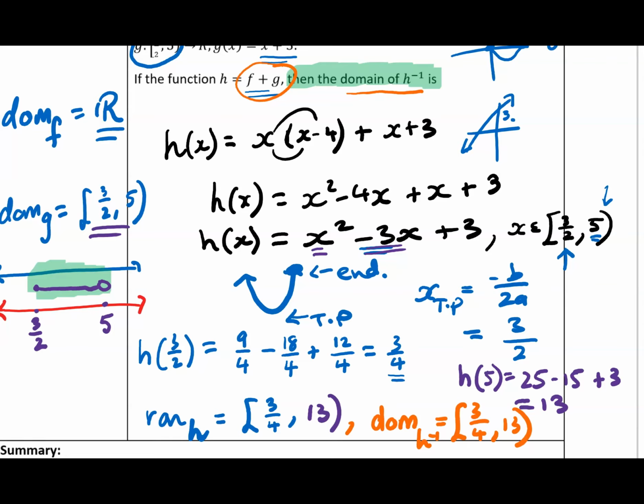Two, some people will do this by finding the inverse and trying to imply its domain. Now, finding the inverse of something like this can actually be tricky. You'd have to complete the square, which a lot of people will have some trouble doing, but also it's a lot of unnecessary work. Ultimately, what you may end up with is a domain where you can see the minimum value is 3/4, but you may not know that the maximum value occurs where x is 5.